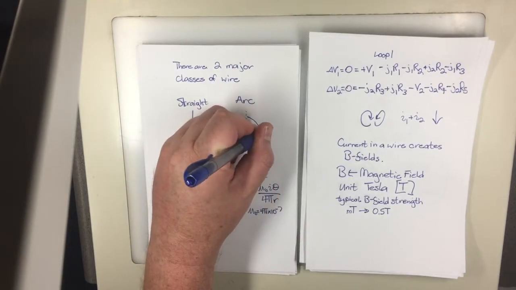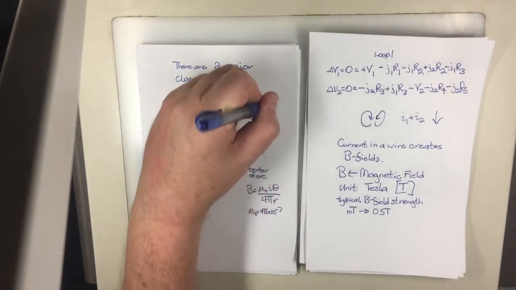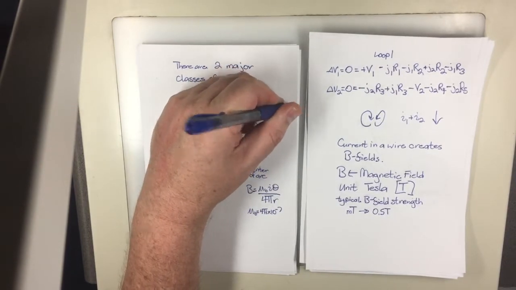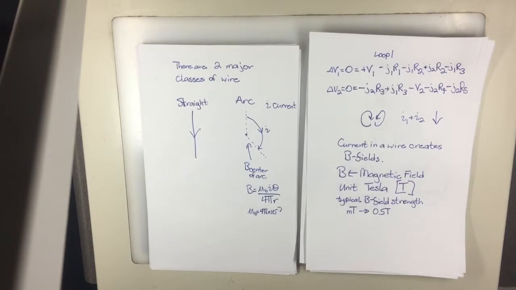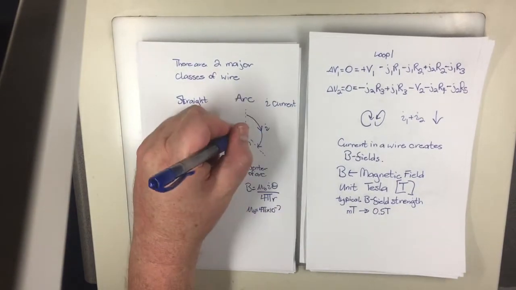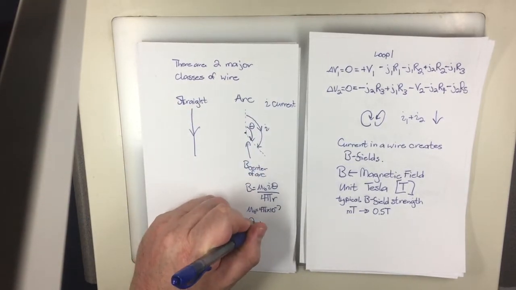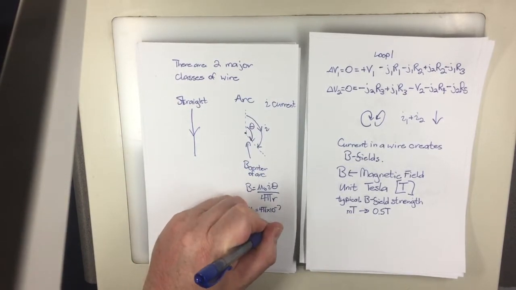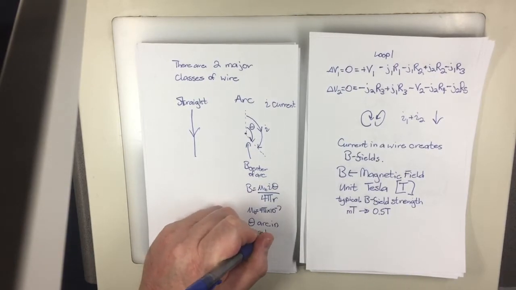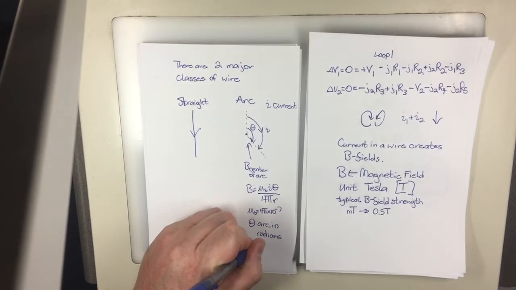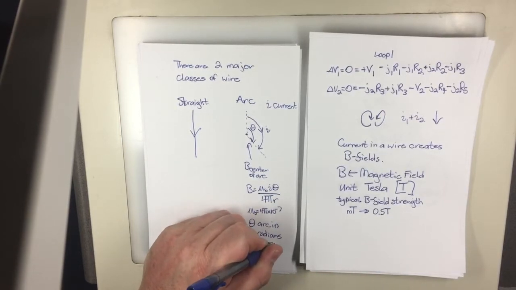I is the current. And theta is, and this is one of the few occasions where theta is the arc in radians, not degrees.